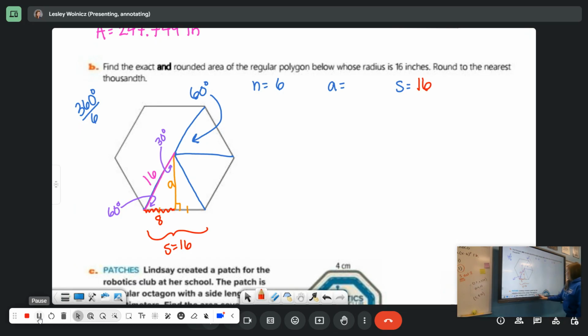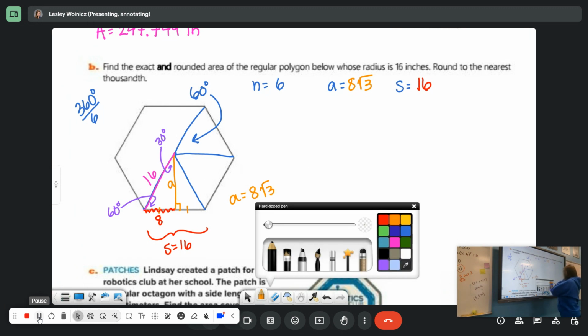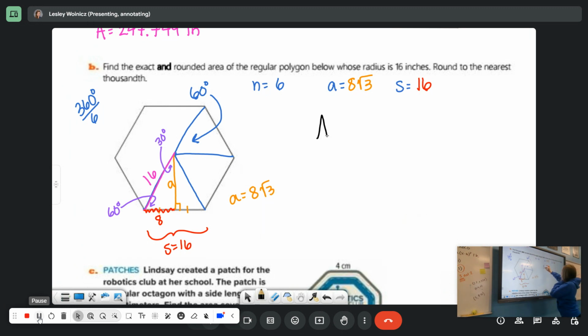Now I just have to find my apothem. My apothem is the long leg of my 30, 60, 90 triangle, so it's just going to be 8 root 3. All right, we're going to plug in all the stuff. Area equals 1/2 times 6 times 8.